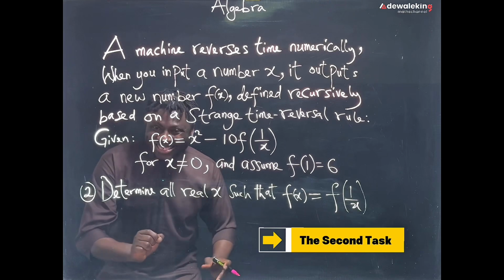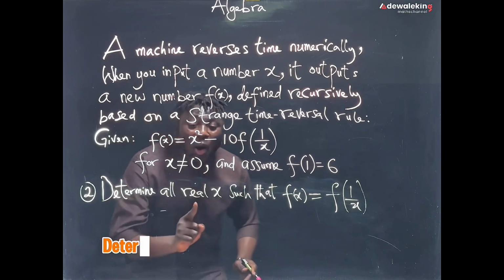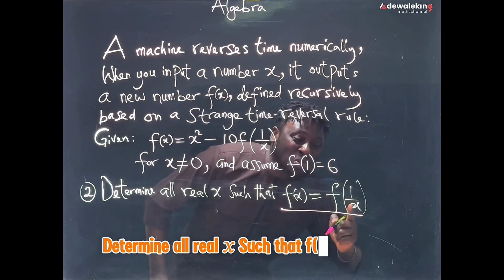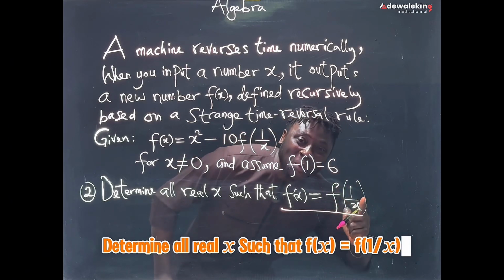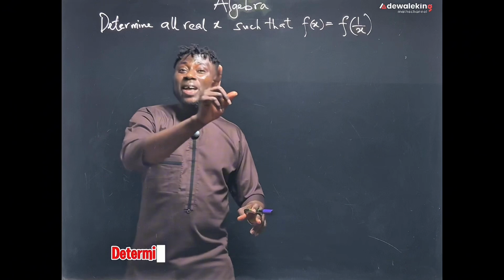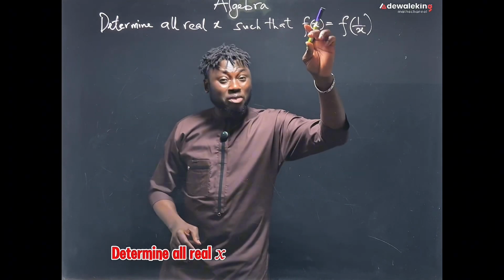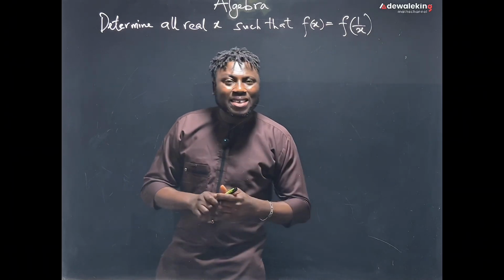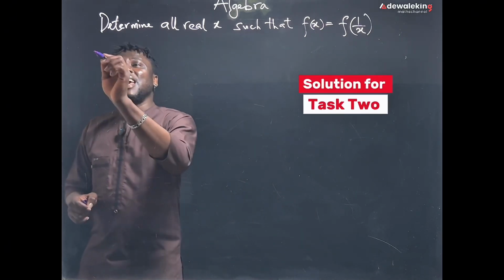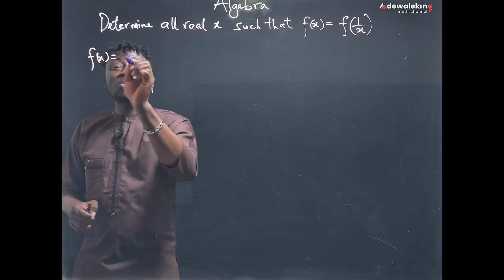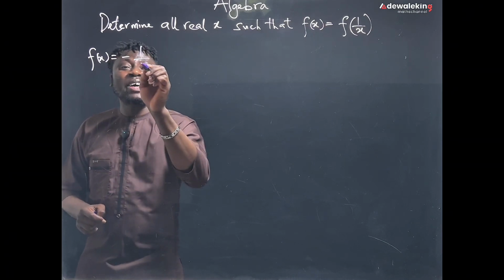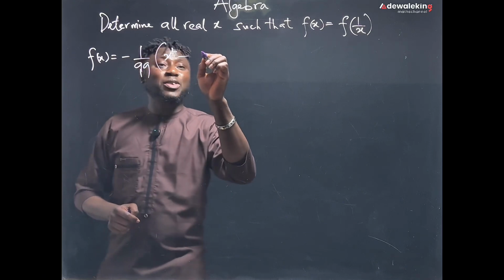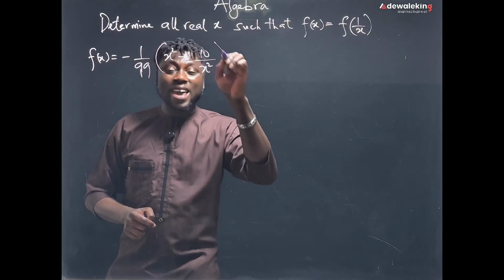The second task is to determine all real x such that f of x is equal to f of 1 over x. You'll recall that f of x is equal to minus 1 over 99 bracket x squared minus 10 over x squared.